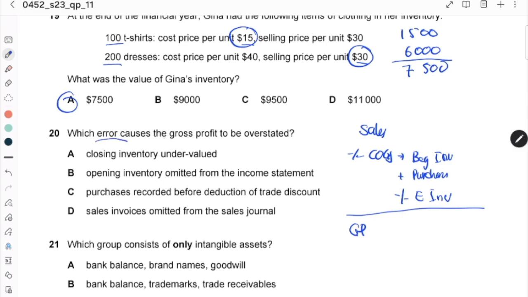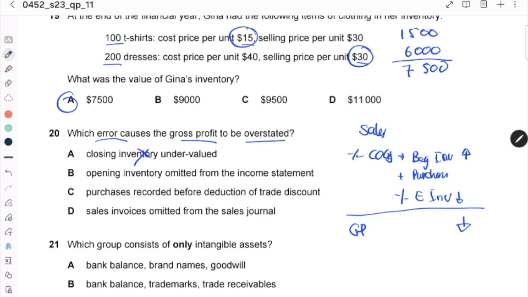If the closing inventory is undervalued, then the COGS will be overvalued. Because of that, the GP will be understated. So it's not overstated but understated.